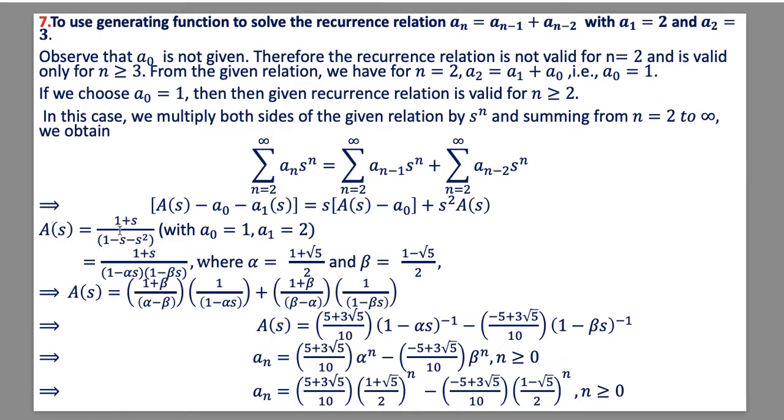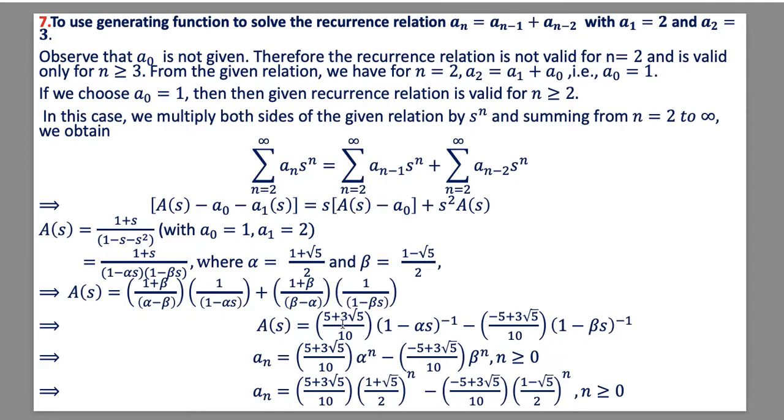The method of finding the partial fraction is the same: A upon the first factor, A upon 1 minus alpha s, plus B upon the second factor, B upon 1 minus beta s, and find the values of A and B as we have discussed in the previous example. In that case, we will obtain A equal to 1 plus beta upon alpha minus beta and B equal to 1 plus beta upon beta minus alpha.